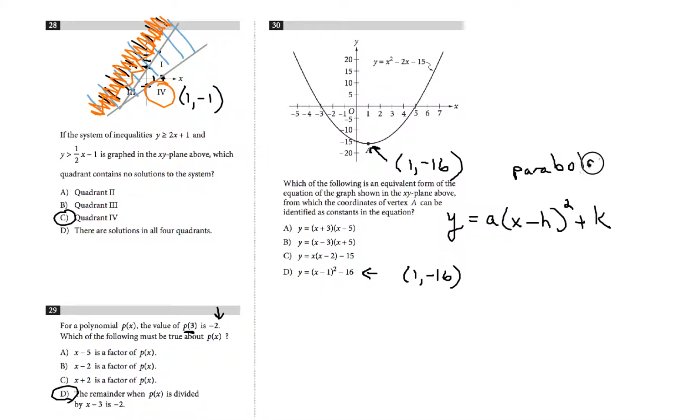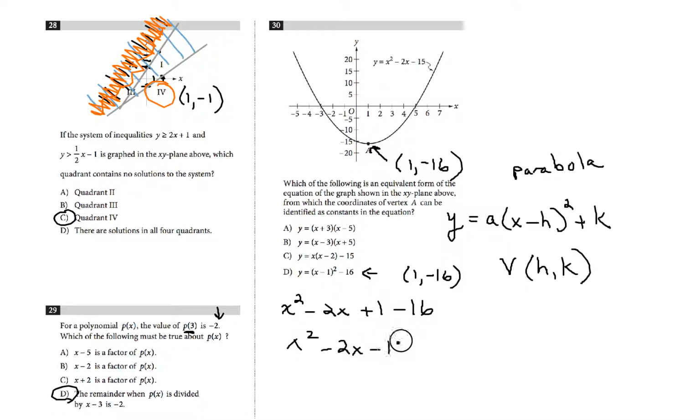We did the circle one a little earlier, where the vertex is h, k. So if I FOILed this all out, x squared minus 2x plus 1 minus 16, we get x squared minus 2x minus 15. It does indeed look just like this equation, but it demonstrates what the vertex is.